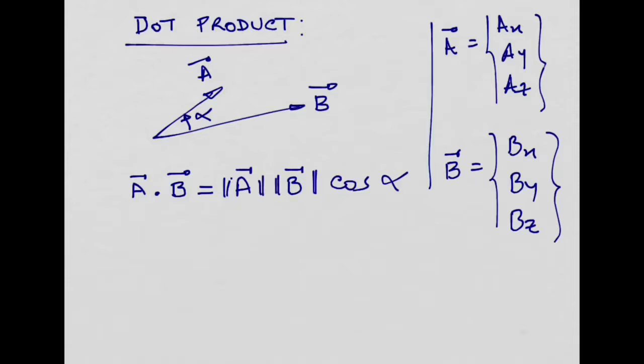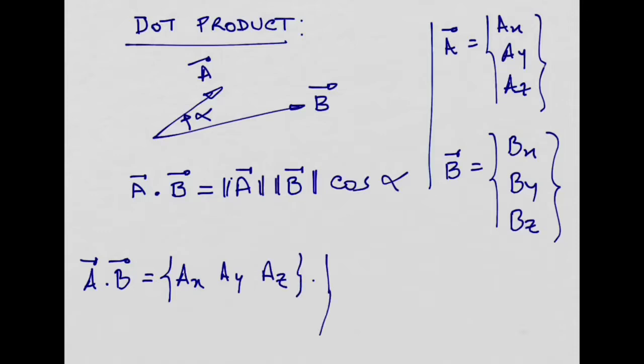If I do the dot product A with B, I can do it in something like this. I can write the transpose of vector A, AX, AY, AZ, and then I do the dot product with vector B, BX, BY, BZ. All right?